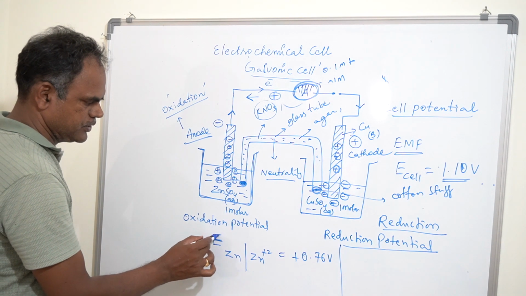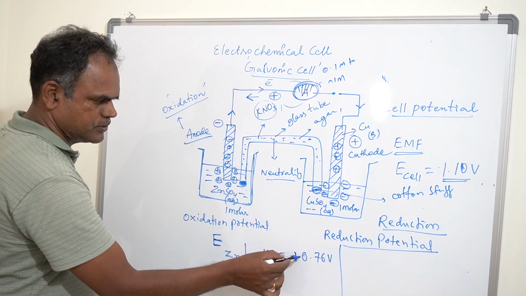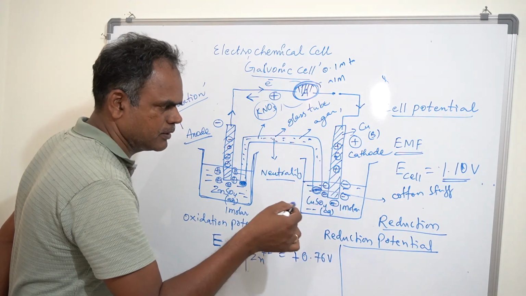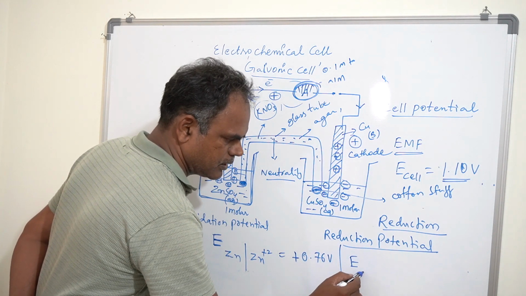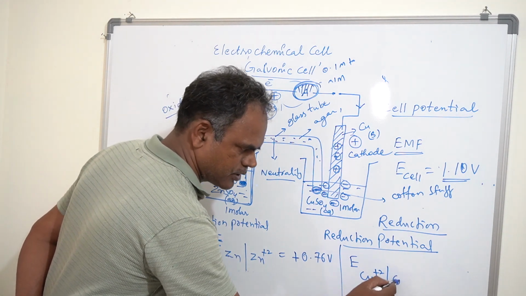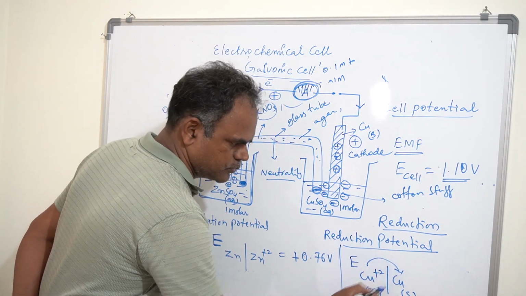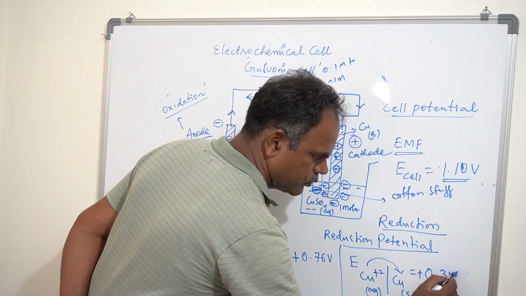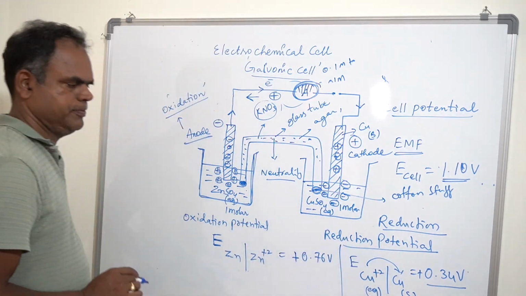Whereas in the other half cell, reduction is happening: Cu plus 2 aqueous ions get reduced to copper metal solid, which is equivalent to plus 0.34 volts. This is a reduction potential.